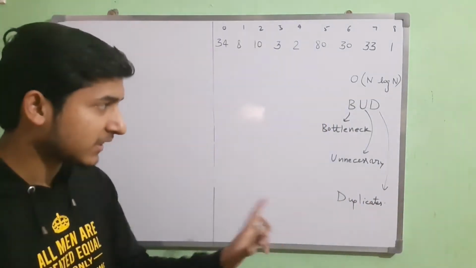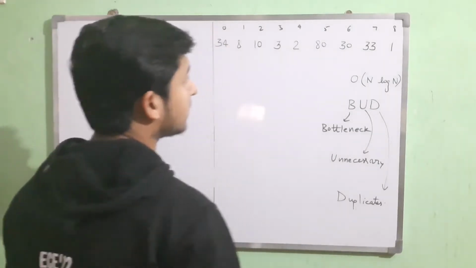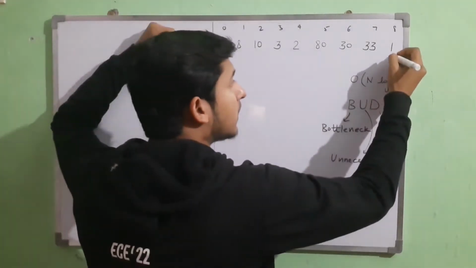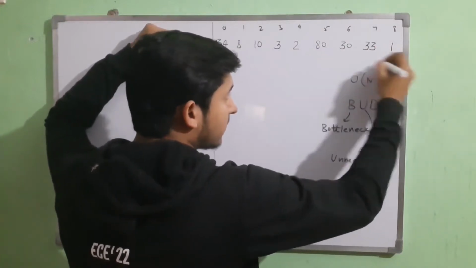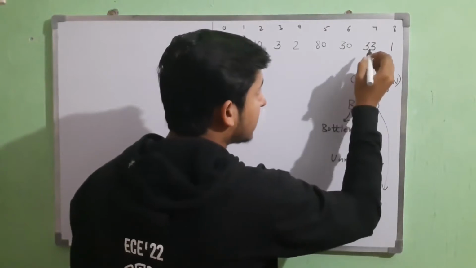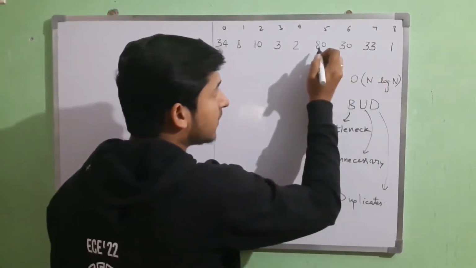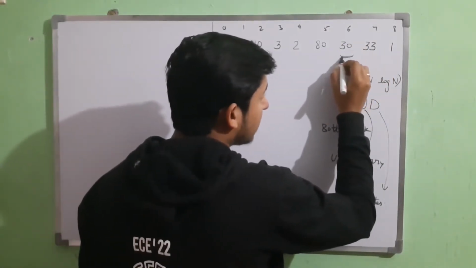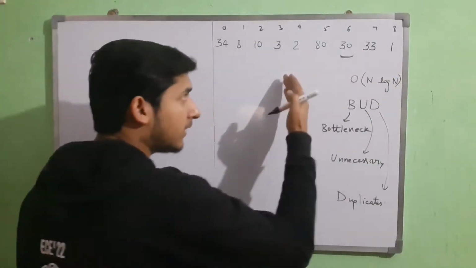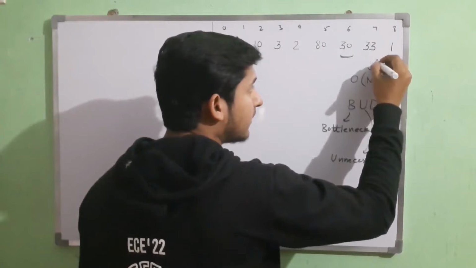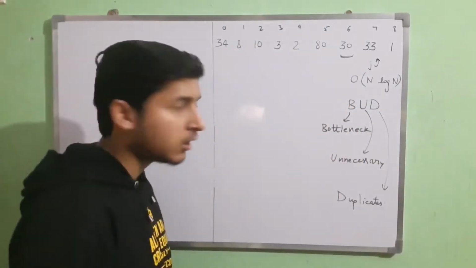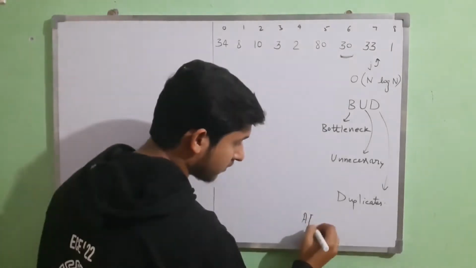What I mean by this is that suppose in this case, if I look at all these elements, I will find that suppose there is a case that there is 33 and there is 80, and this 30 won't work, because if j is moving to the left, this means the element was not big enough to satisfy this condition.